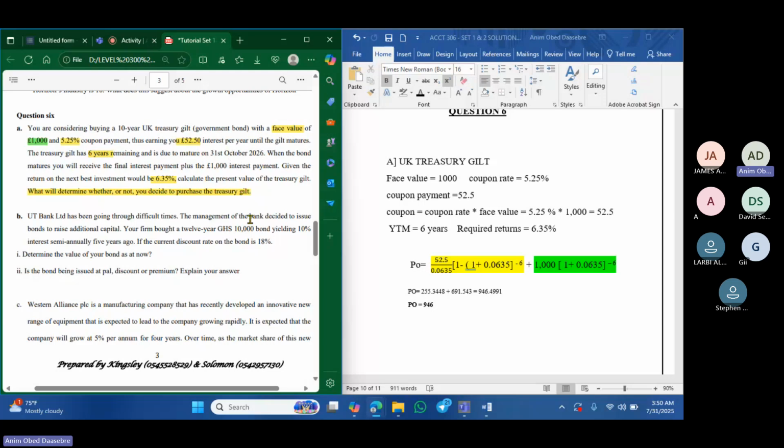Now the price itself that you have calculated is 946. So what will be the decision rule to buy or not buy the bond? Can someone help with the decision rule so that we write it?